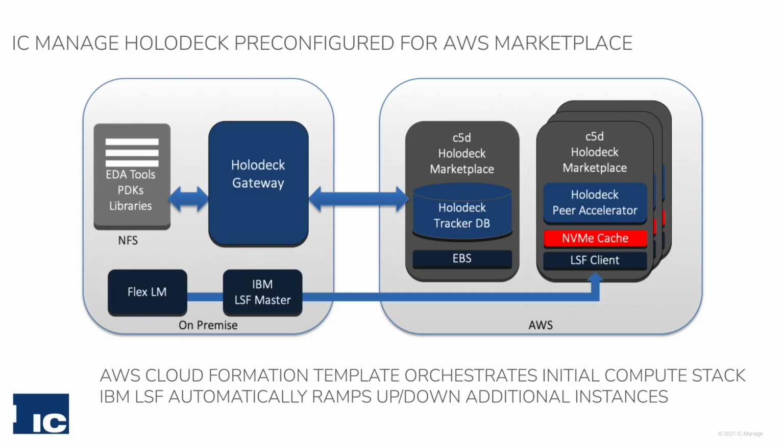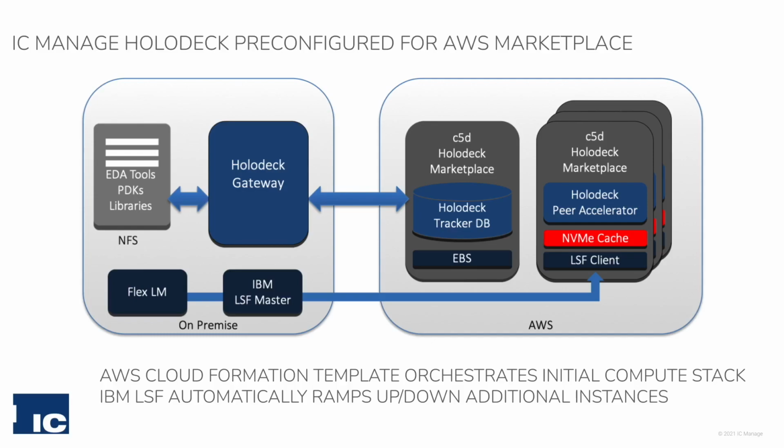There are three main Holodeck components. The Holodeck Gateway is a simple Linux process that runs in your current data center and handles read and write requests from applications running in the cloud. The Holodeck Tracker is a primary cache for all data coming from the gateway and any data that needs to be shared amongst compute nodes or written back to your on-premise data center storage.